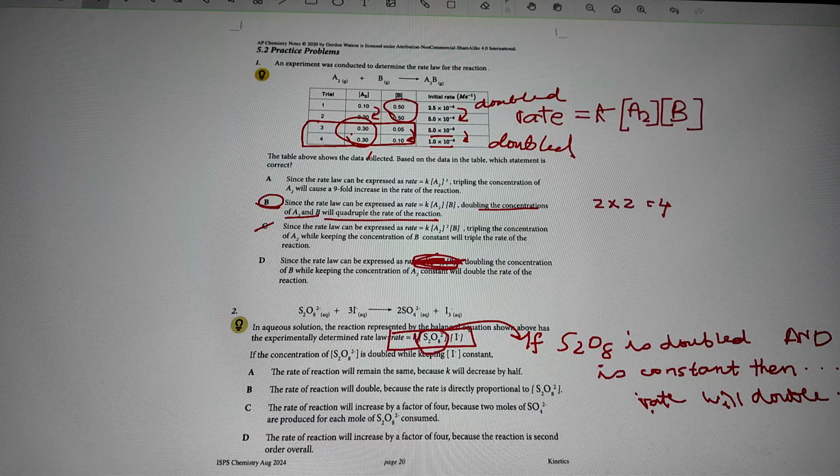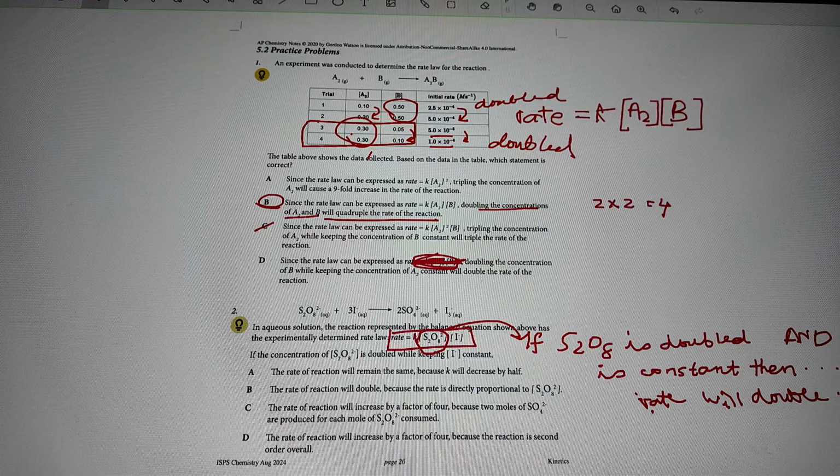So the rate of the reaction will remain the same because K will decrease by half. Not necessarily true, because there's nothing that indicates K being half. K doesn't change unless temperature changes.